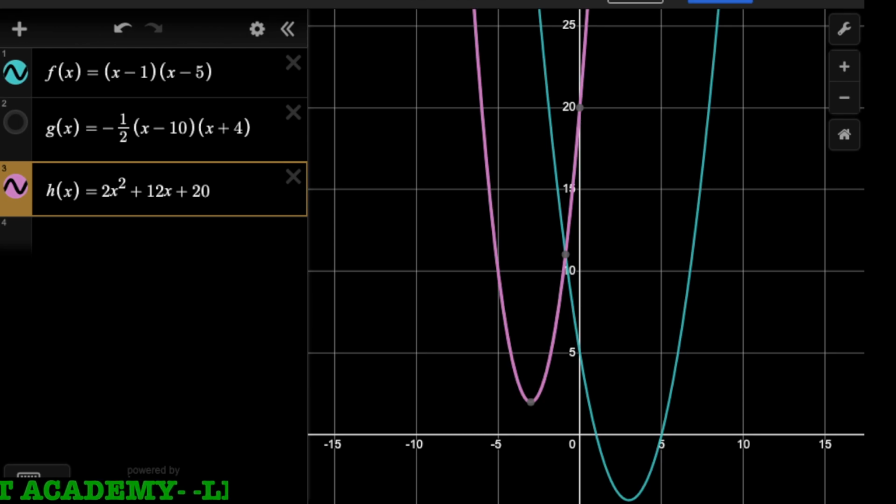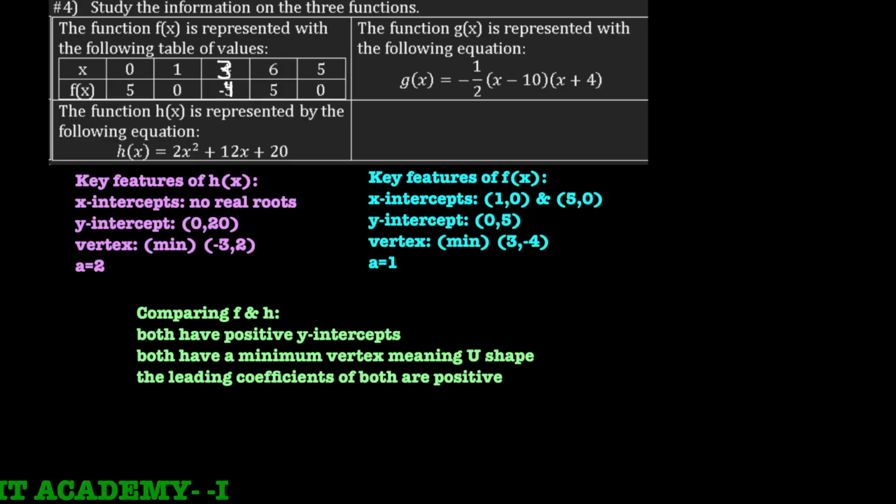Now looking at our part C, we're looking at the two functions f and h. Again, be able to highlight or deselect the ones that you need. So we're talking about the teal and pink ones. We're now looking at these two functions, f and h. And so we're going to say our key features are as follows.